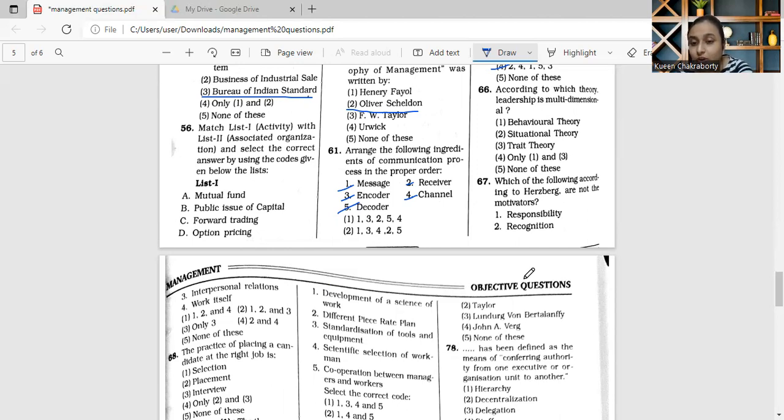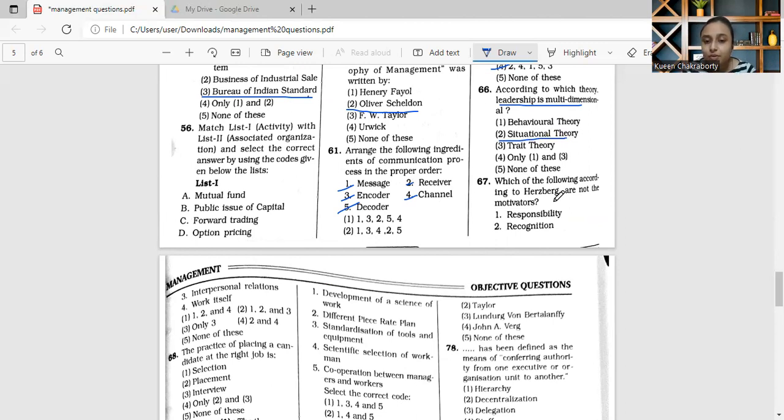From the very word you can understand it depends from situation to situation. So it matches the key statement given to us: leadership is multidimensional in situational theory.